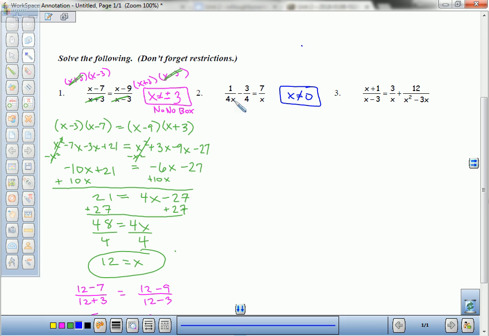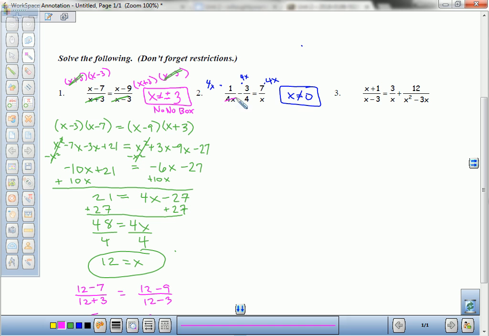All right, so common denominator for 4 and x and 4x is just 4x. So every single thing, every individual little expression has to be multiplied by 4x. Each part of the equation, this term, and that term, all have to be multiplied by 4x.